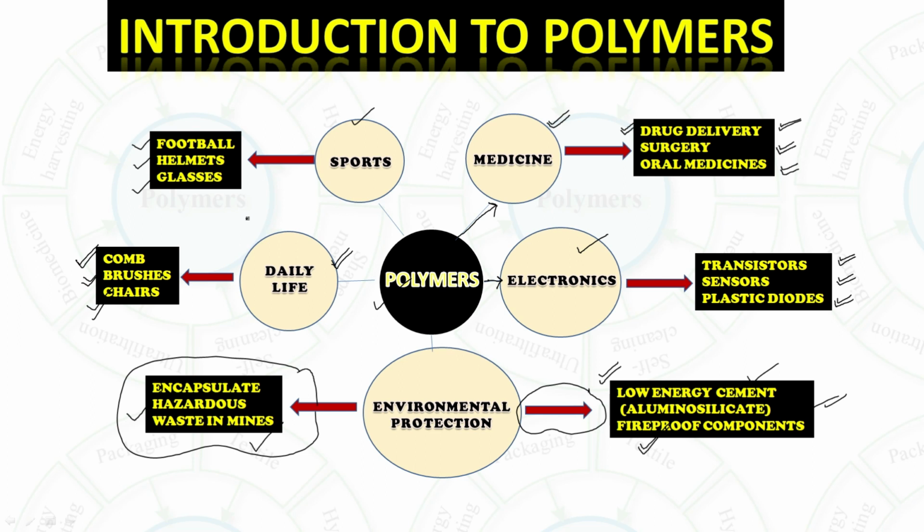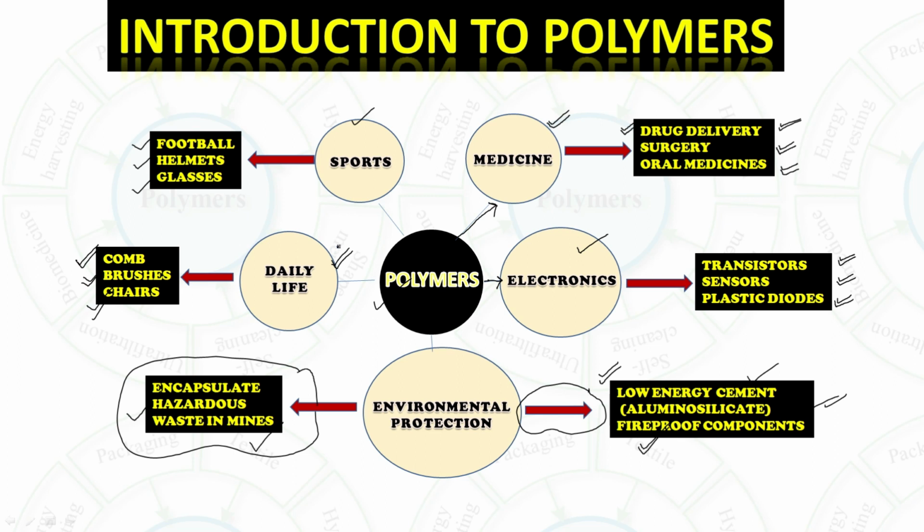Apart from this, rubber is another example which is very frequently used in automobiles, in the manufacturing of the tires and various things. So this slide is just an example of where we can use the polymers. I hope this much introduction to the uses of the polymers is enough for you, right?